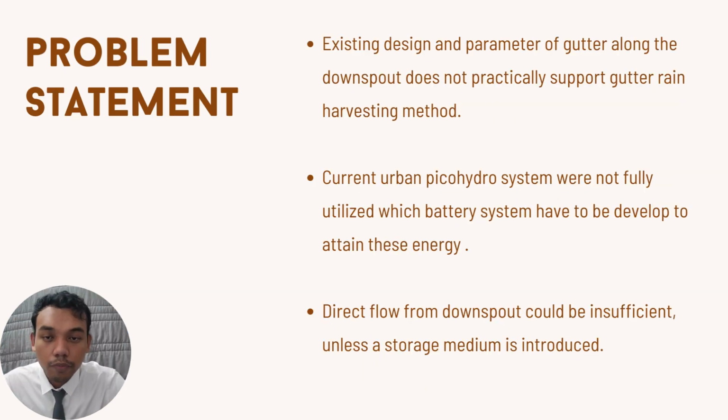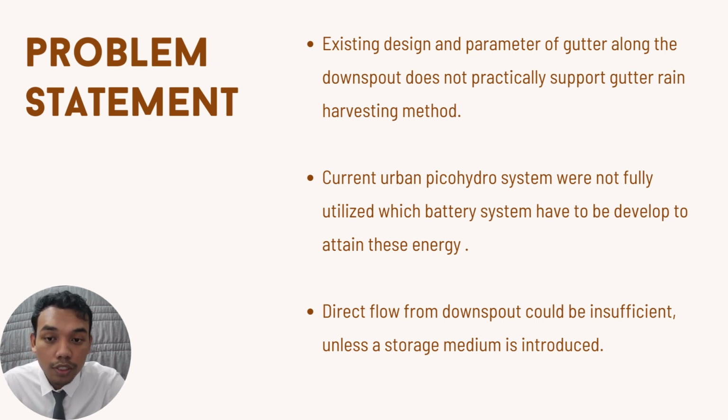So in this section, I'm talking about the problem statement that I found during the review of the previous research and the current machines that we have for the harvesting method. The first problem that I found is that the existing design and parameters of the gutter along the downspout do not practically support the gutter and harvesting method. Next, current urban pico-hydro systems were not fully utilized, as a battery system has to be developed to attain this energy.